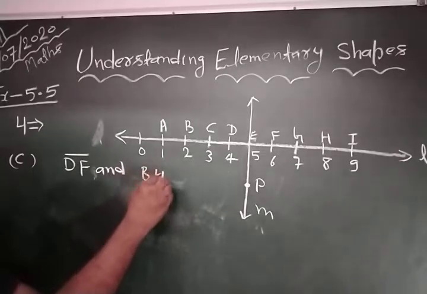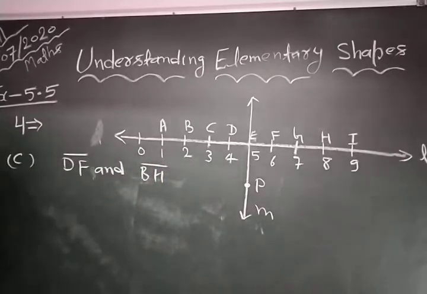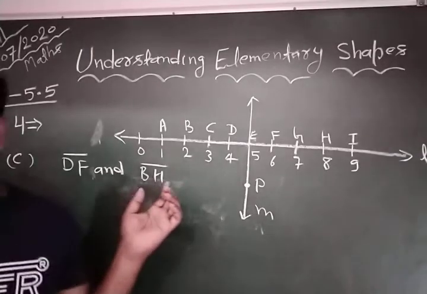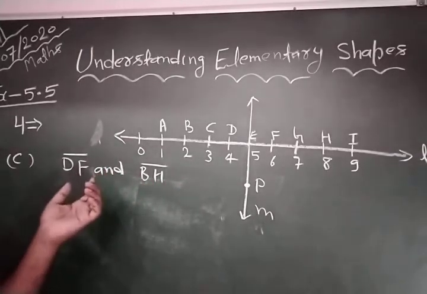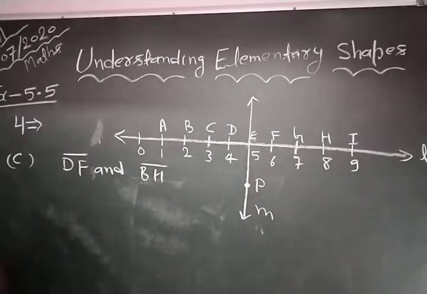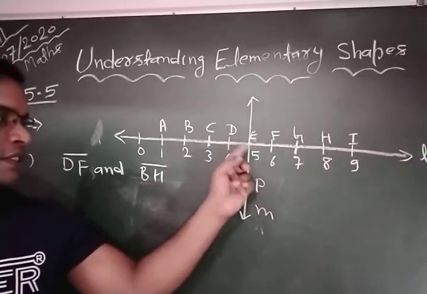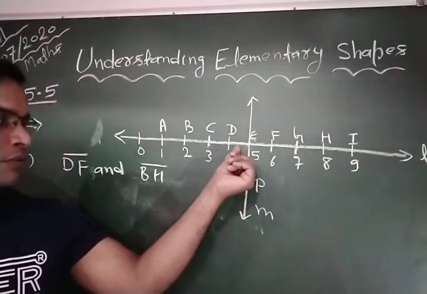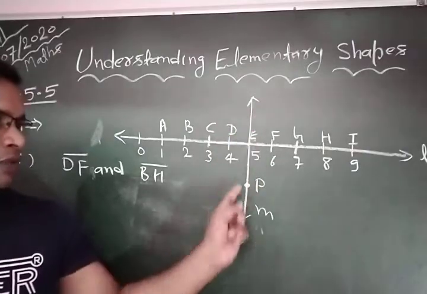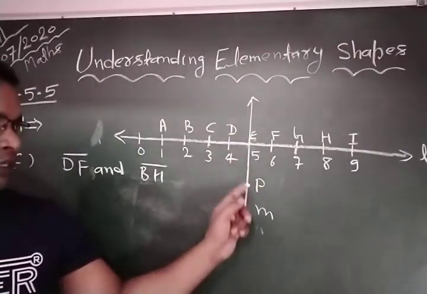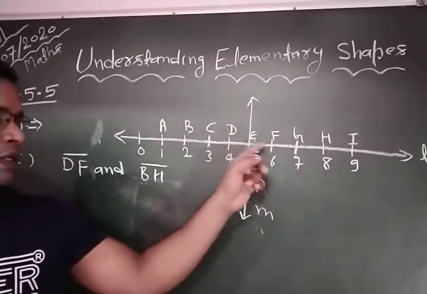You can write line segment DF and BH, for which PE is the perpendicular bisector. CD and DF, you can see both have one gap. So this line is perpendicular also. So you can see this is the perpendicular bisector of DF and BH.